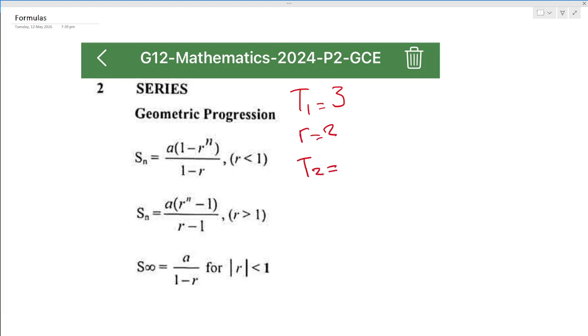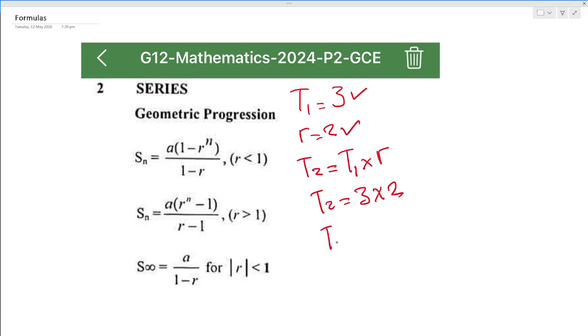Remember, we said to go forward in a GP, you need to multiply the previous term with a constant amount, which is a common ratio. So meaning we're going to say T1 times the common ratio, which is r. So meaning T2 will be equal to, what is T1? T1 is 3. 3 times the common ratio, which is a what? Which is a 2.